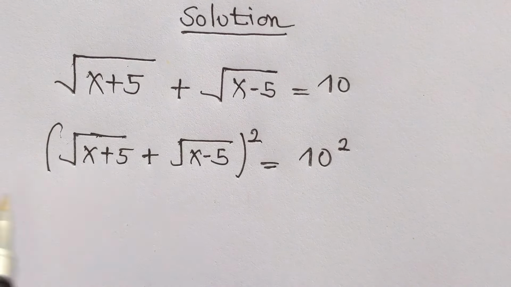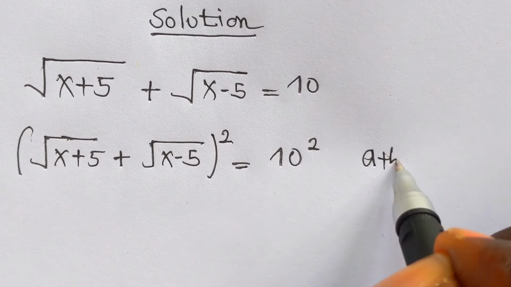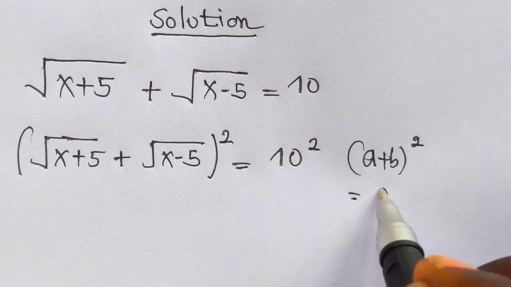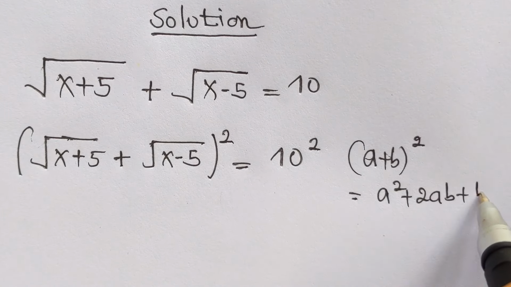At this stage, we know that (a plus b) squared is equal to a squared plus 2ab plus b squared.